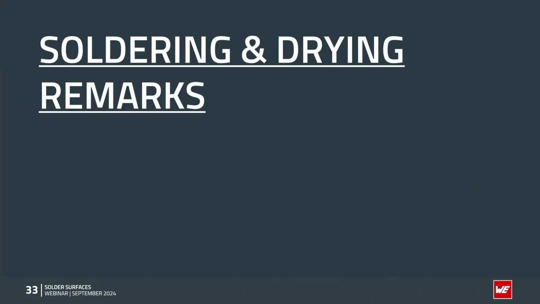So if you are waiting, for example, with immersion tin, 6 months until you start drying the PCBs, that's for sure not optimal and may be critical, as the following drying process at high temperature alters the solder surface even more. So you are exceeding the shelf life of 6 months, which is critical.